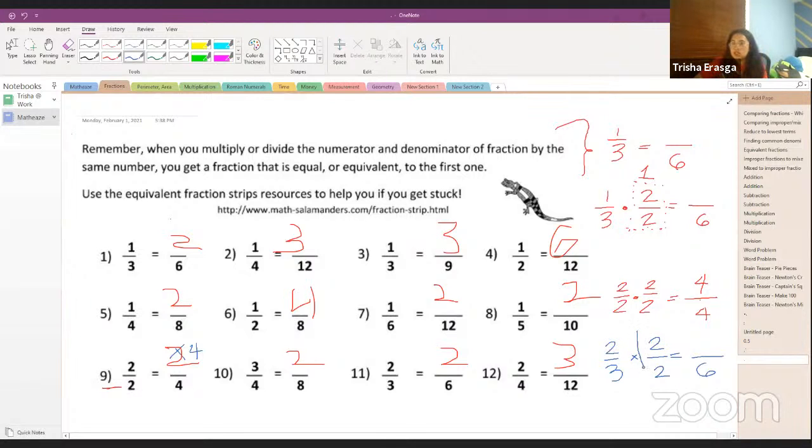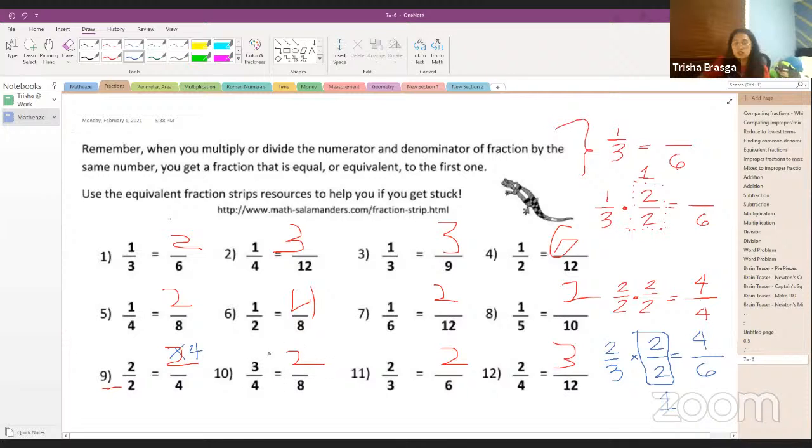Whatever you write at the bottom, you should write at the top as well, okay? Because that would equal 1, and so you're not changing your number. So the bottom is 3 times 2, you get 6, right? And then the top would be 2 times 2, which is 4. Good girl, yeah.